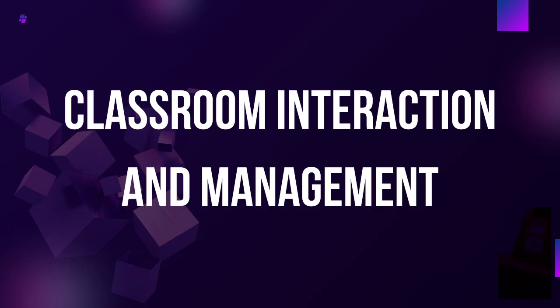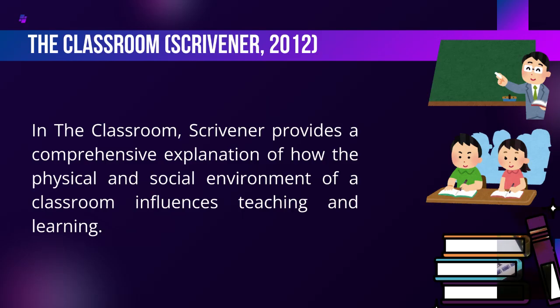Now we're going to discuss the two sources, which are The Classroom by Scrivener 2012 and The Language Classroom that includes roles, relationships, and interactions by Hall 2011. In The Classroom, Scrivener provides a comprehensive explanation of how the physical and social environment of a classroom influences teaching and learning.